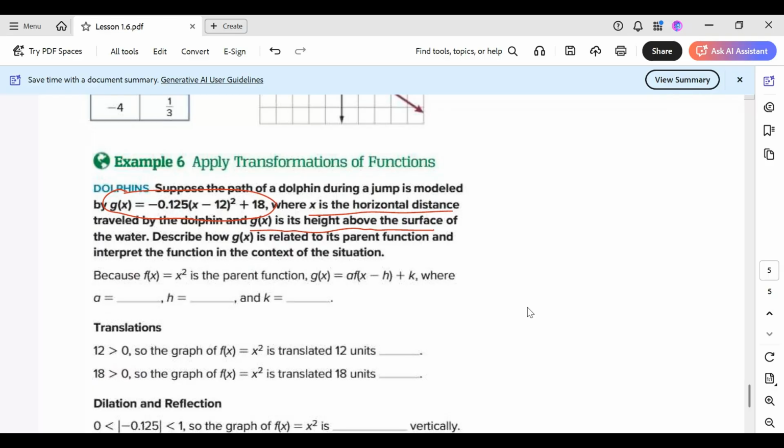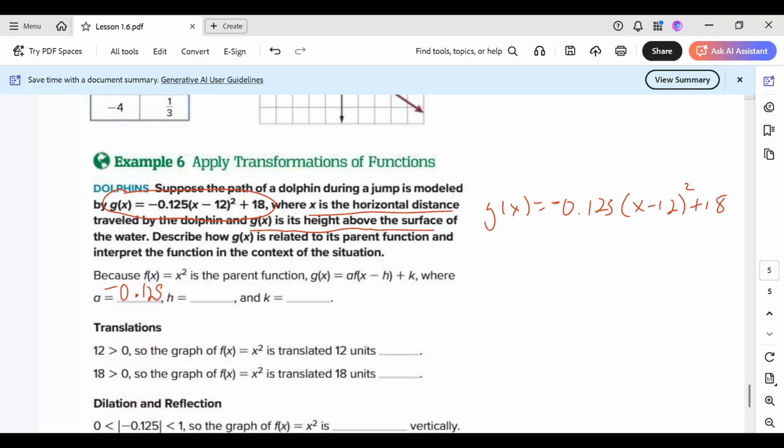Okay, so we know that our a value in this instance is -0.125 from the equation. So we have our equation, and you identify the key parts that they give you. We have -0.125 times (x minus 12) squared plus 18.